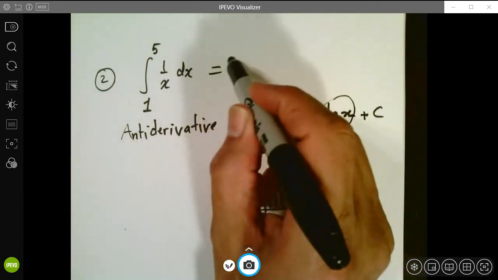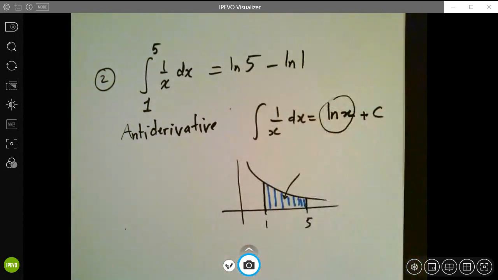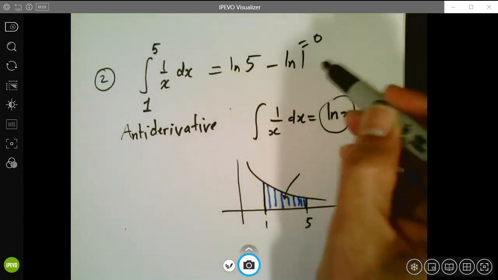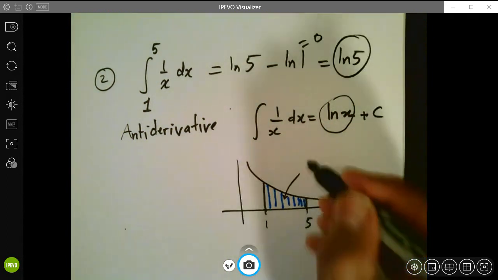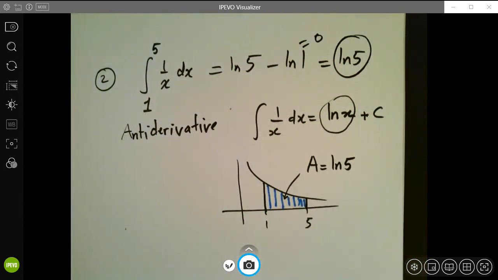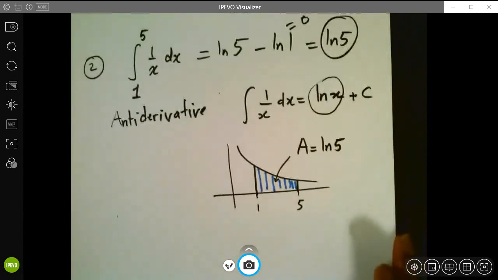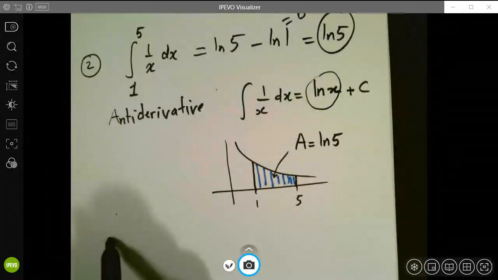It will be just ln of 5 minus ln of 1. And ln of 1 is 0, so it will be just ln of 5. That means the surface area will be ln of 5. So just be careful when it's surface area and when it's not.